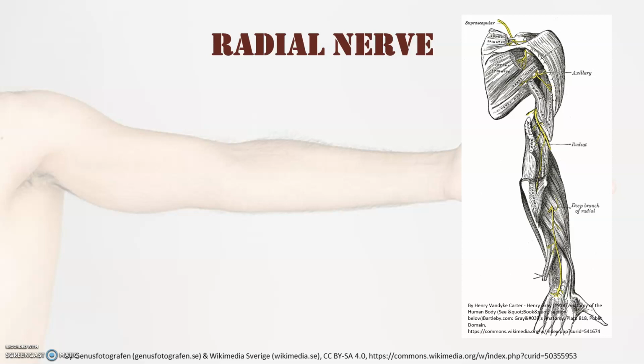As it enters the forearm, it breaks up into two branches: the superficial branch, which is mostly cutaneous, and the deep branch, which is muscular.